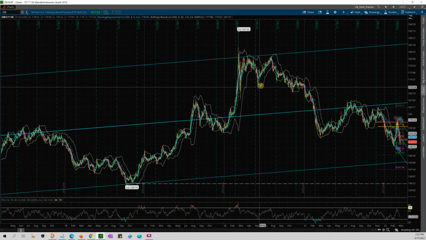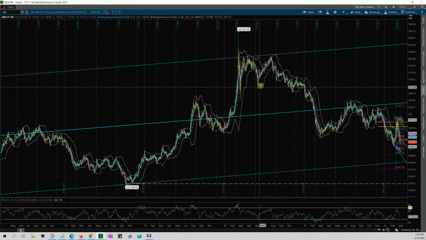So again, weekly ZB on the left, the 30-year Treasury at log scale, and on the right, in Thinkorswim, it's ticker symbol DGS30. This is yields straight from FRED.